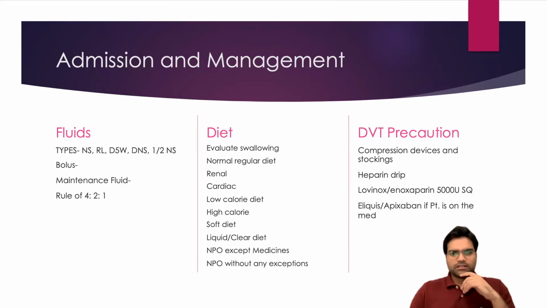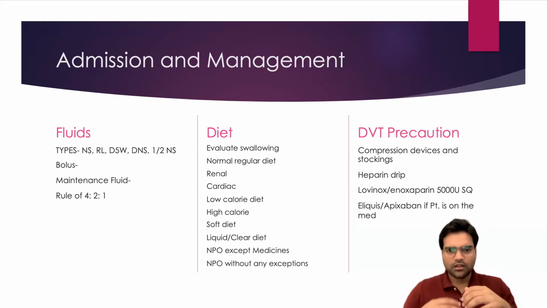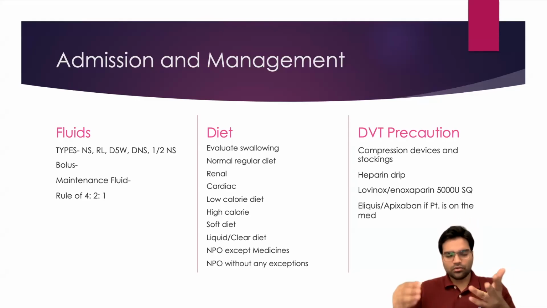Otherwise, NPO. Some people you can give a normal regular diet, then renal diet for ESRD or CKD patients, cardiac diet for all those people who have chest pain because of cardiac reasons. Then low calorie diet, sometimes high calorie diet also, soft diet for all those people who cannot chew properly, liquid or clear diet for all those people who are being shifted from NPO.